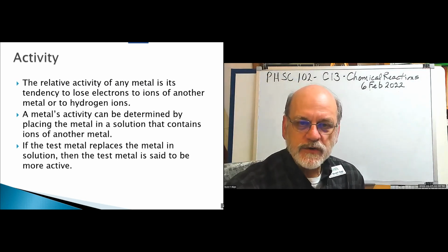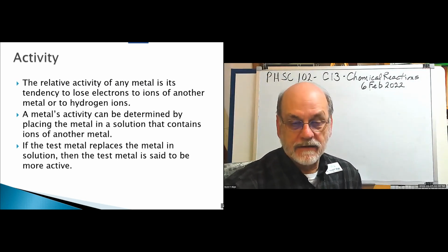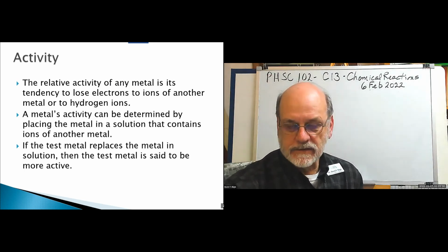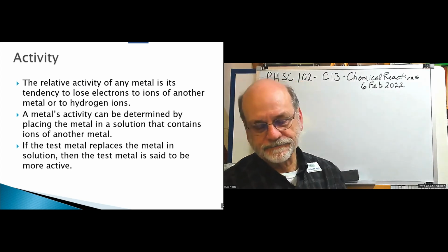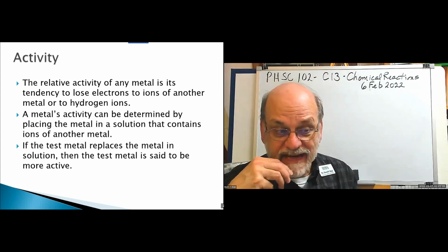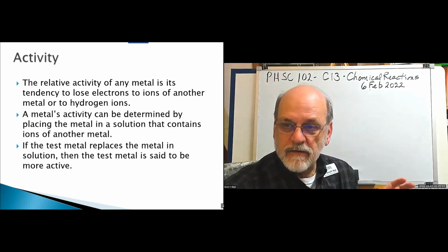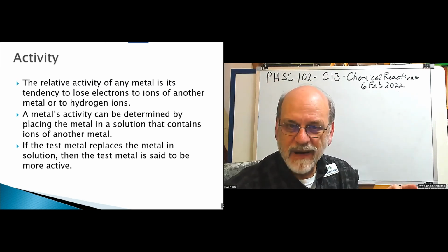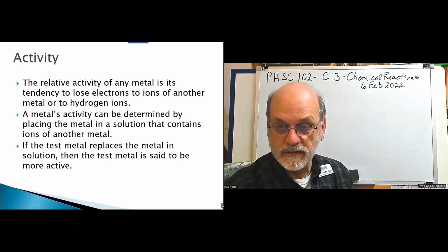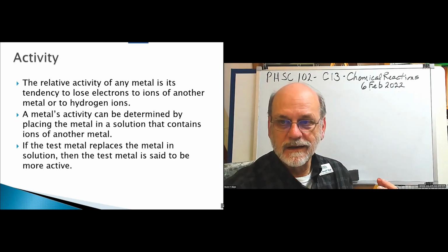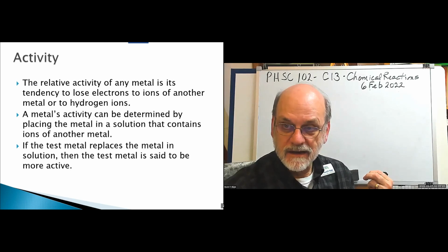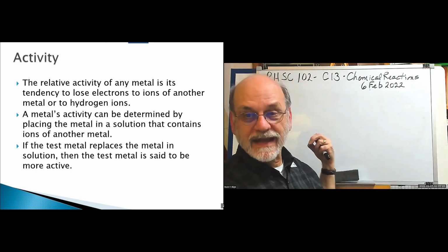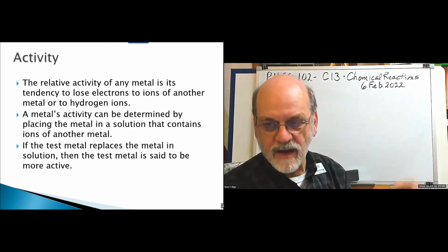Activity refers to how active metals are. When we compare two metals, we can say one is more active than the other. And the way we do that is if one of the metals is combined, in a compound as an ion, then the question is, can the free metal that's opposing it replace it in that compound?